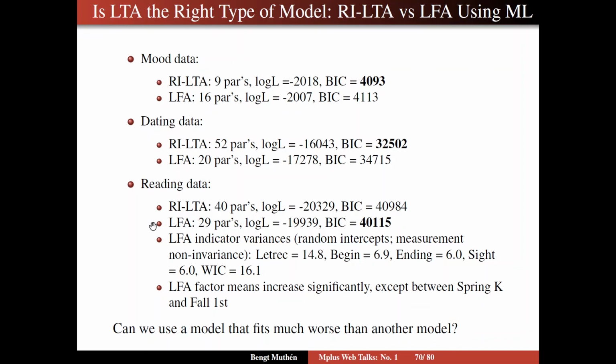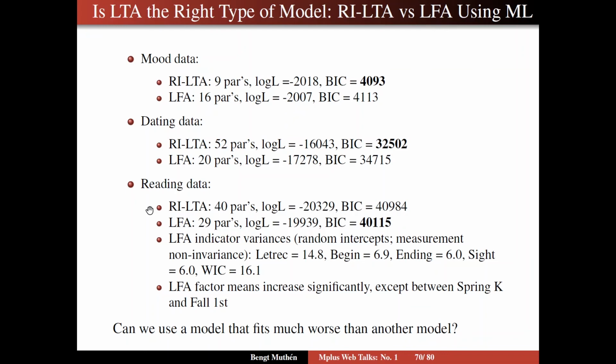Well, that's an interesting question. The immediate answer would be no, you shouldn't use RI-LTA when you know about this model fitting so much better. But is there any part of the RI-LTA conclusions that are useful? Can the model be used for some purposes? For which purposes can it be used?